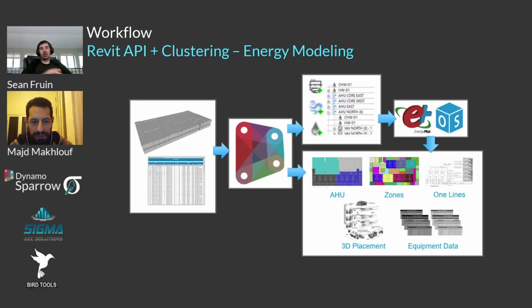And then the last one, where we're really taking advantage of some new features of the Revit API and utility algorithms like clustering, and having building blocks that can help you start to automate the process of building an energy model.